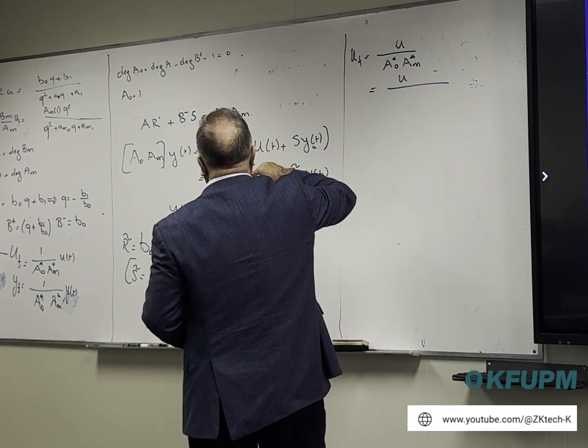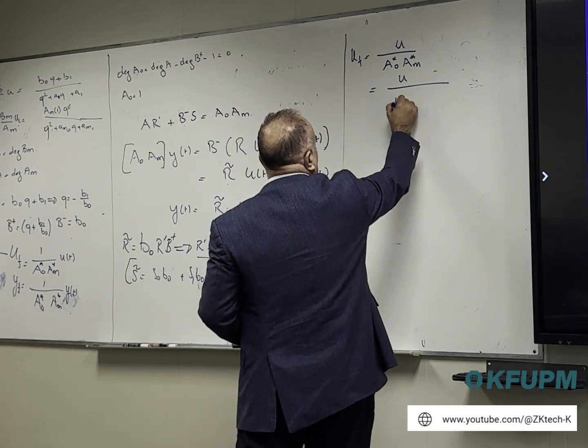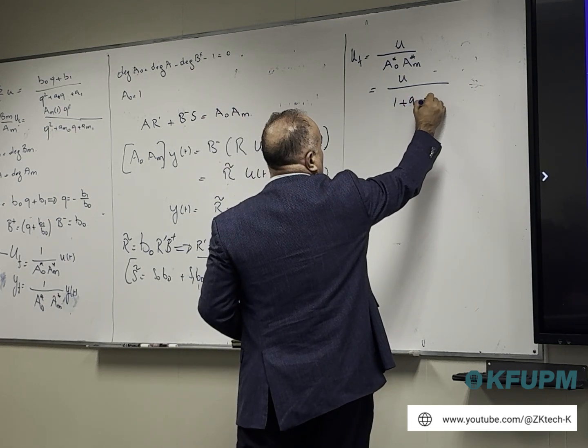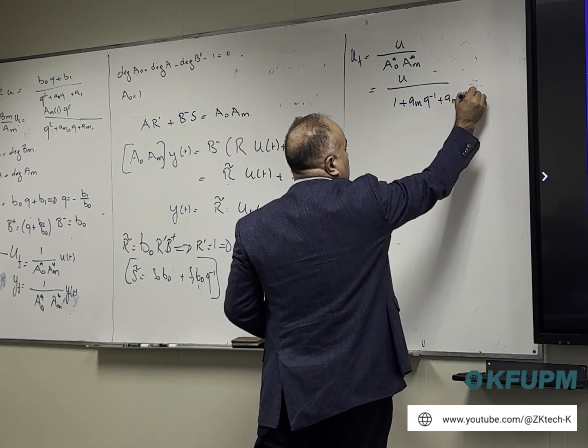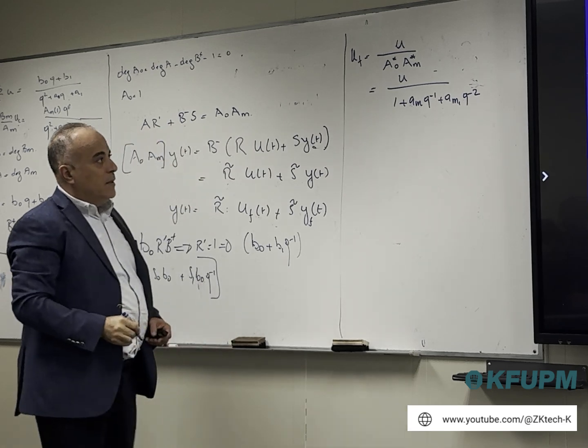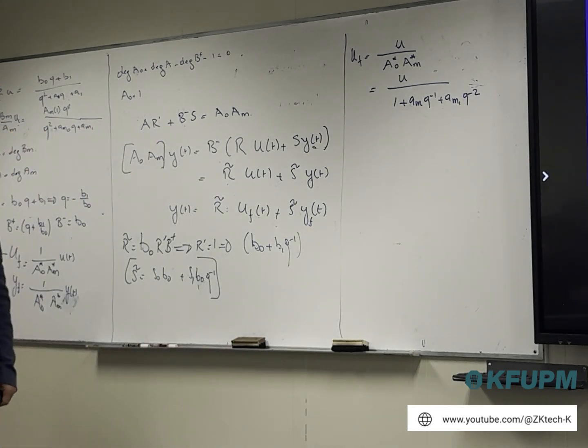A0 we said is equal to 1, A_m star is equal to 1 plus Am0 q minus 1 plus Am1 q minus 2. Right? So this is the relationship between u and u filtered.